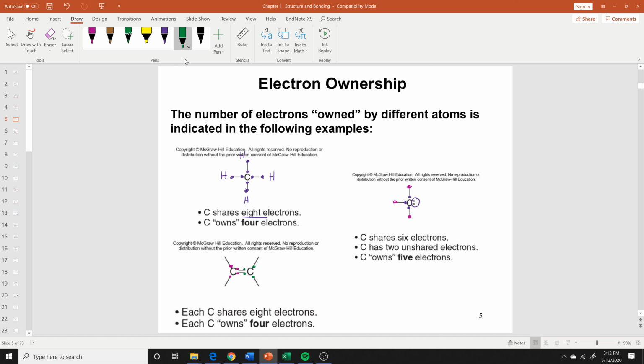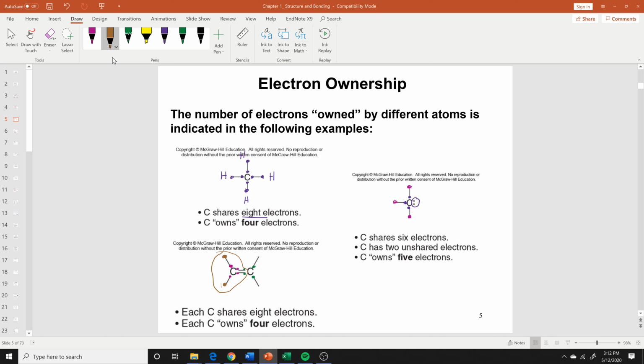Now with respect to the sharing, this carbon over here shares, I'm just going to highlight what it shares. It shares this electron, so it shares 1, 2, 3, 4, 5, 6, 7, 8. It shares 8 electrons. See what I did when I counted the sharing electrons of this carbon? You have to count both pairs of electrons in the double bond.